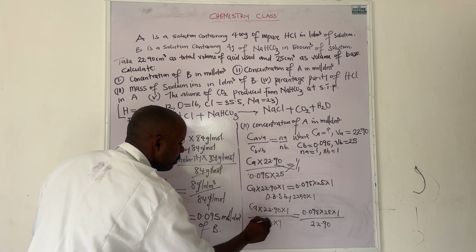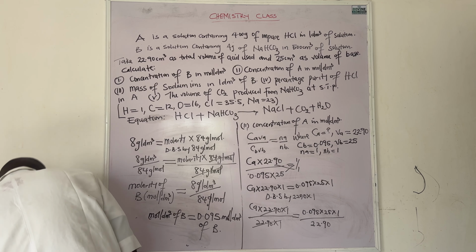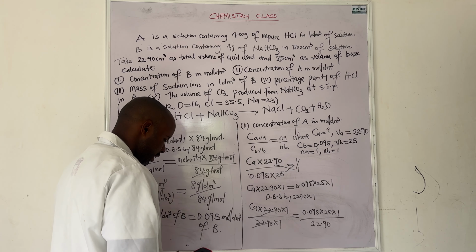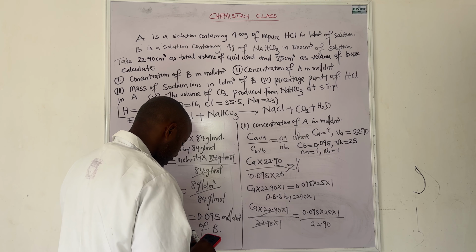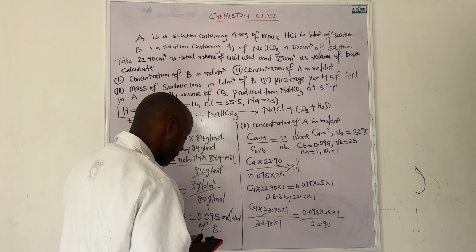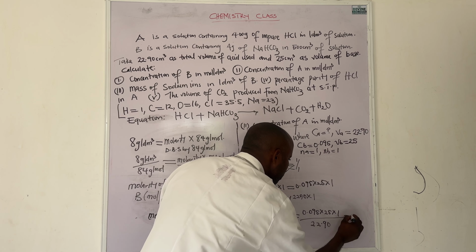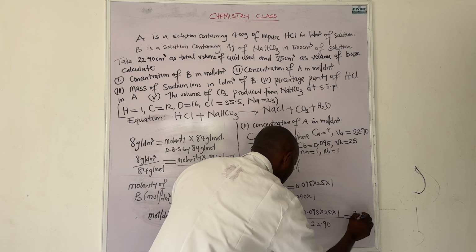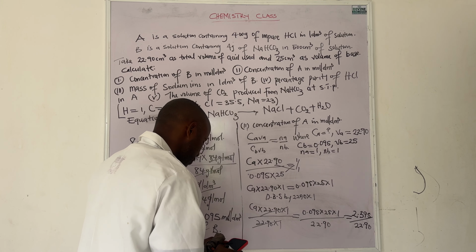So this goes out with this. So CA we are going to have is equal to 0.095 times 25, which is 2.375, divided by 22.90.